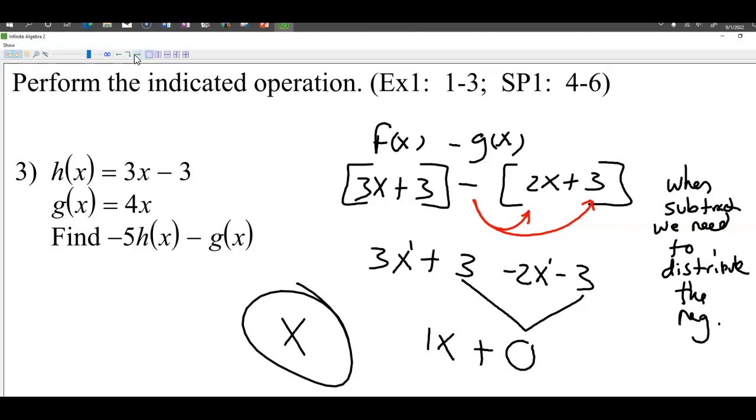Copy down example 3 there. I did change the slide. I just left my work up there. But there's a new problem. So write down example 3.